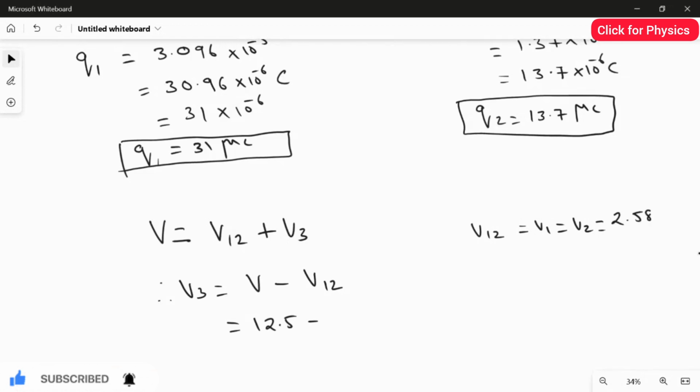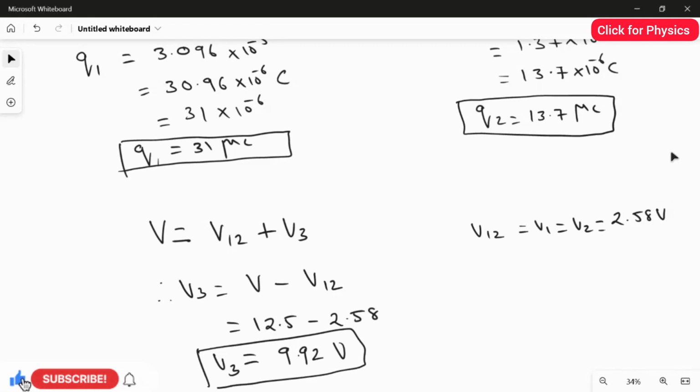We already found this answer in the previous part, right? So in this place of V12, I have to use 2.58. So what should be the answer? 12.5 minus 2.58. I got the answer as 9.92. 9.92 volt for V3.